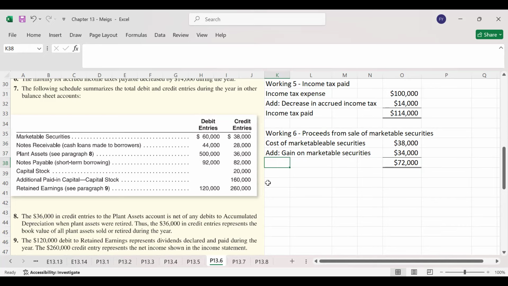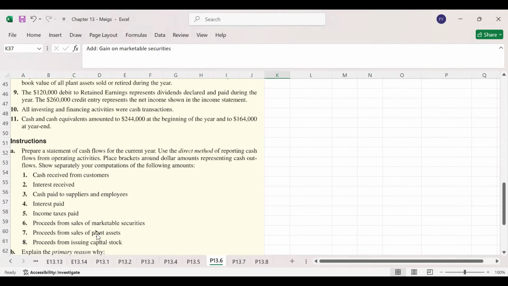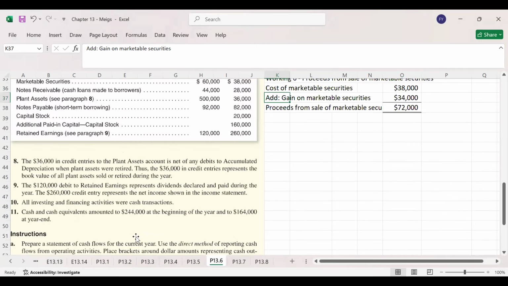So this is the total cash proceeds from sale of marketable securities. The next working is related with the proceeds from sale of plant asset.